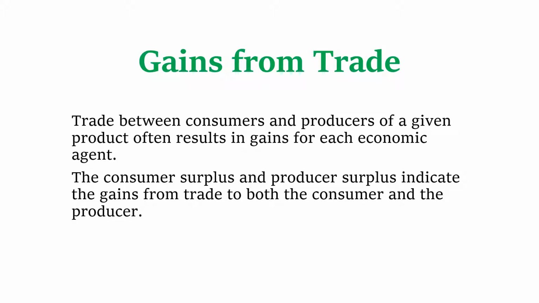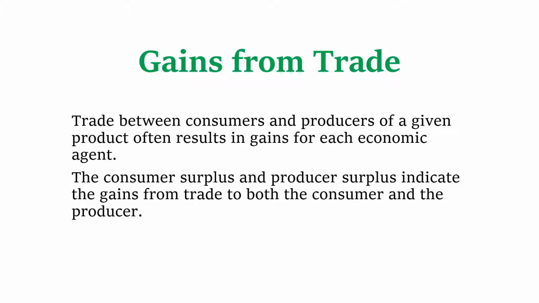Now, as I said earlier, whenever there is a transaction between two economic agents, say consumers and producers, we expect each of them to experience some amount of gain. The gain experienced by the consumer is referred to as the consumer surplus.